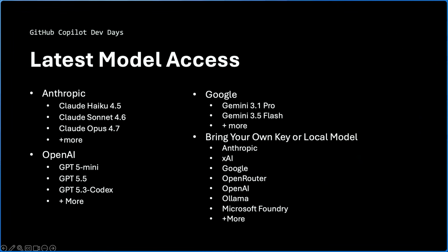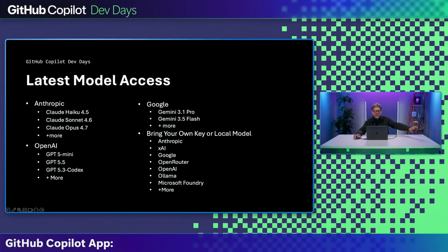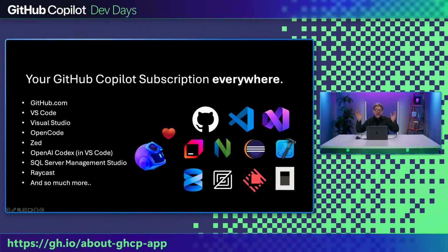All right, so you have all the latest models that are available, right? So we took a peek at it. I was running everything with Codex 5.3, but you have everything from Anthropic there, Gemini, and you can run everything locally too if you wanted to with Ollama or Foundry Local as well. And your one GitHub subscription is going to work everywhere.